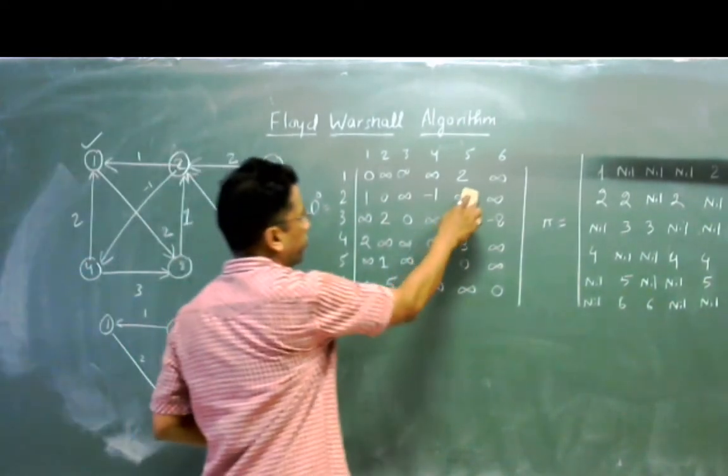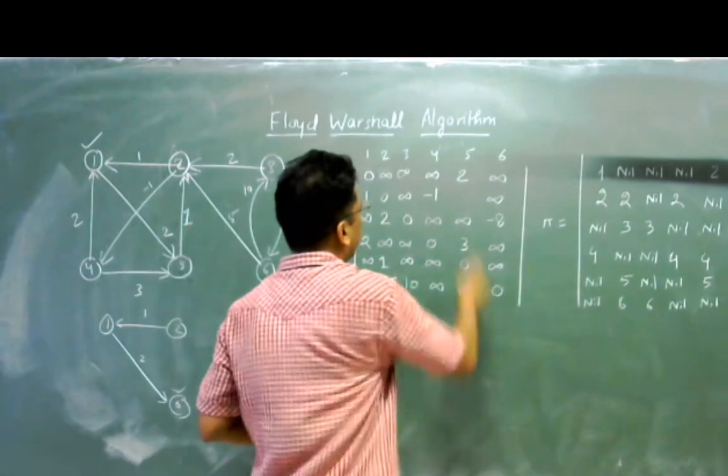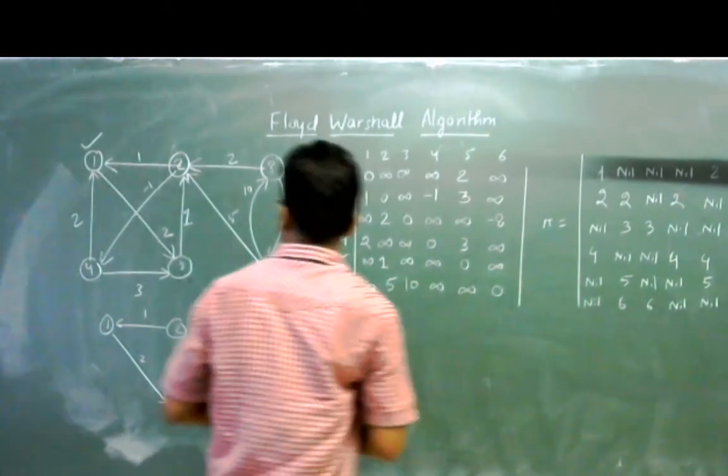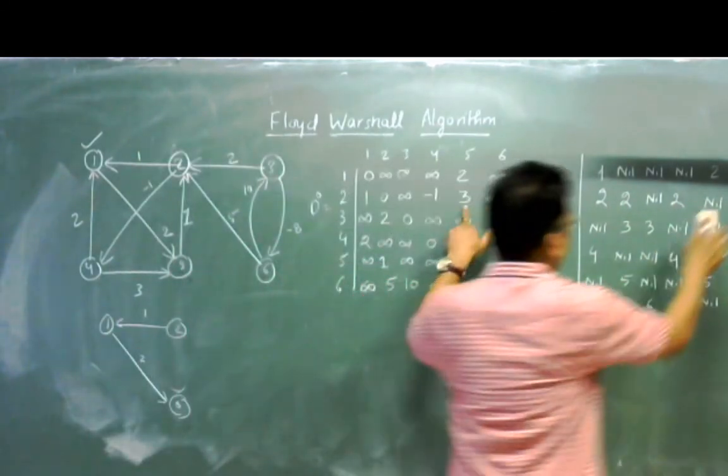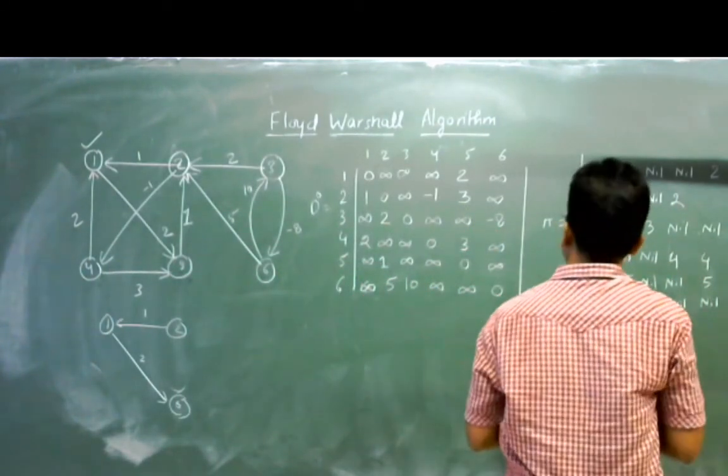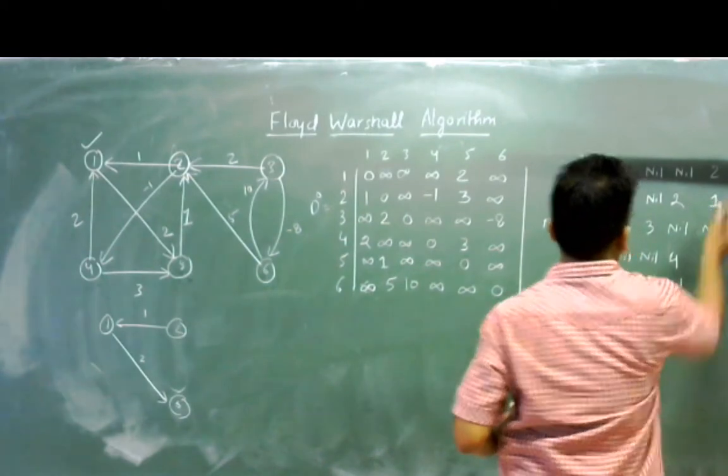So in place of infinity you shall place the value 3, right? Because the path is 1 and 2, 3, and as this update has been done by node 1, you shall place the value 1 here, right?